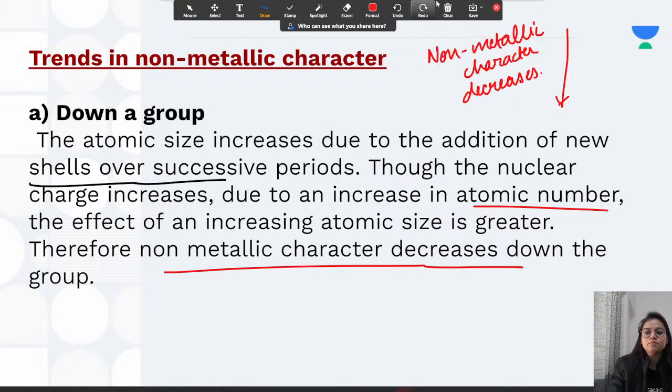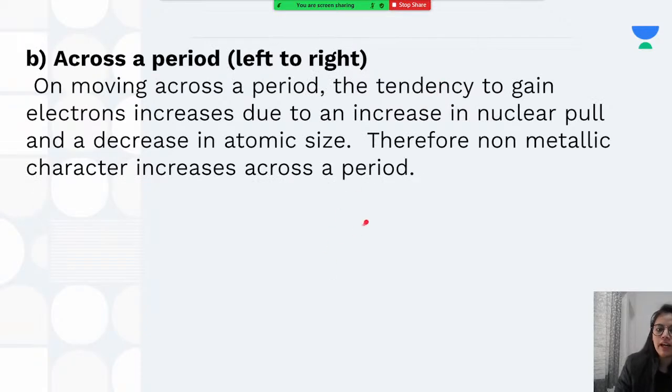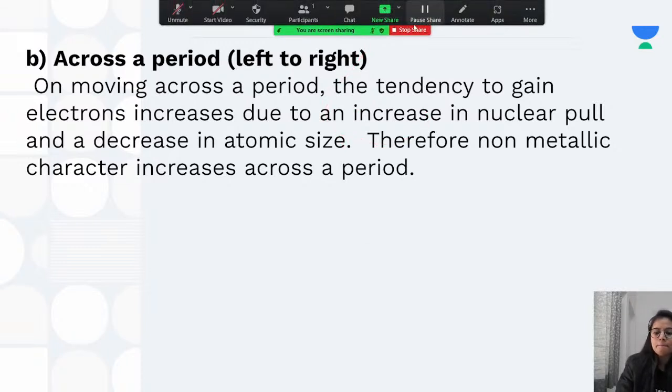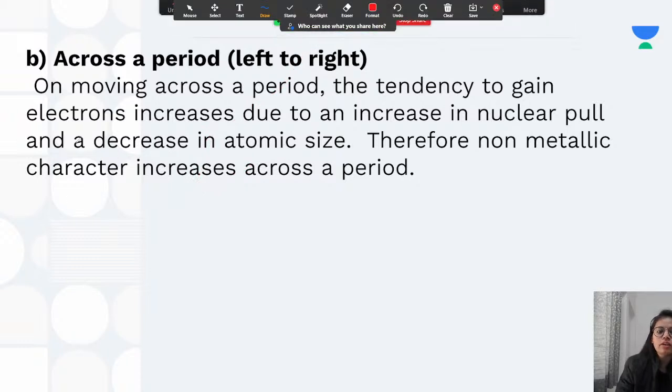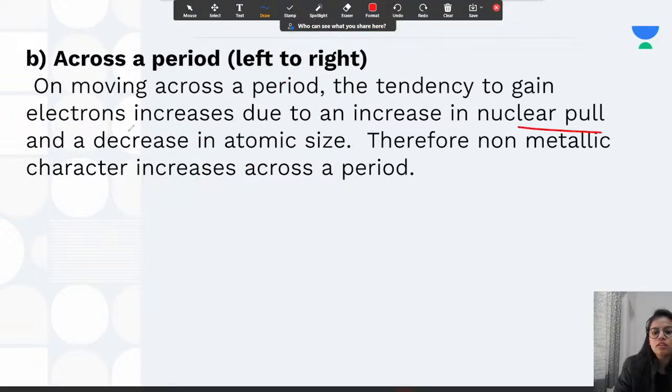Hope you got it. Next is across a period, that is when we move from left to right. On moving across a period, the tendency to gain electrons increases due to increase in nuclear pull and decrease in atomic size. So the non-metallic character increases across a period.